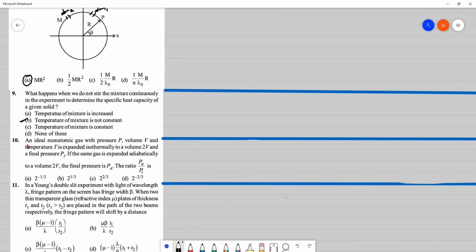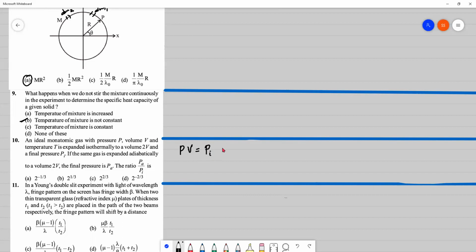Next question is, an ideal monatomic gas with a pressure P and volume V and temperature T is expanded isothermally to a volume 2V. When it is expanded isothermally, PV is a constant. The product of pressure and volume is a constant. So initially it is PV, and finally the volume becomes 2V and the pressure is given as Pi.